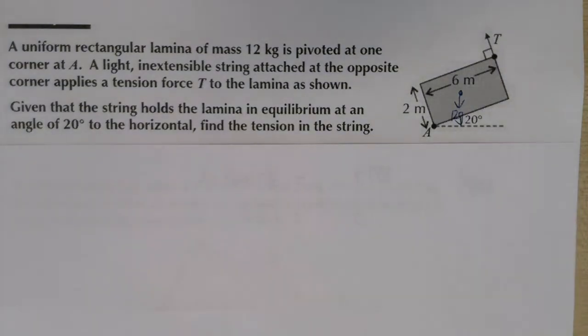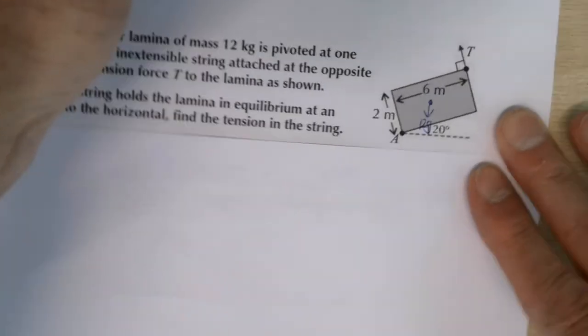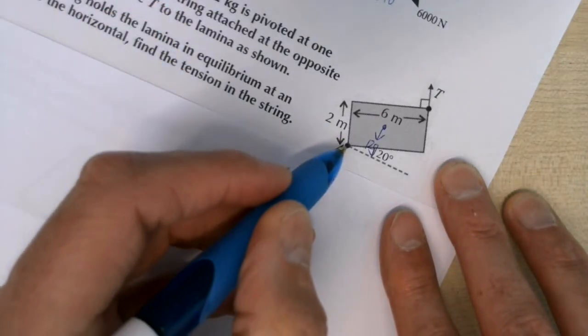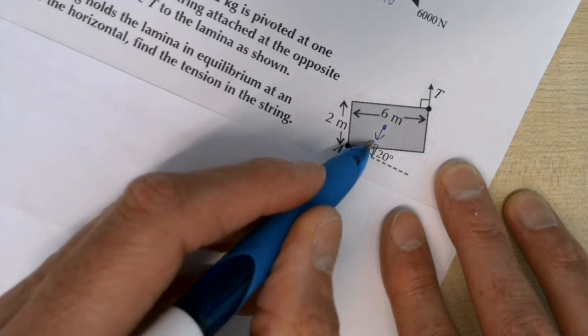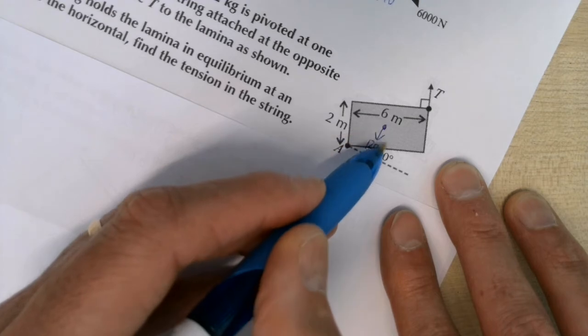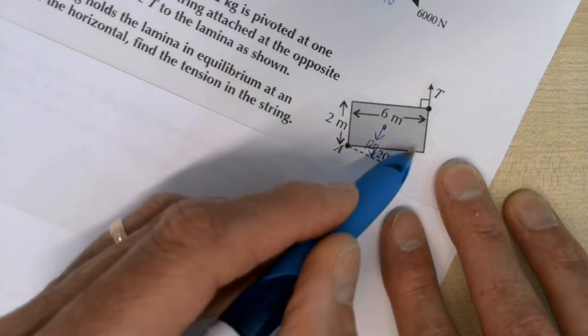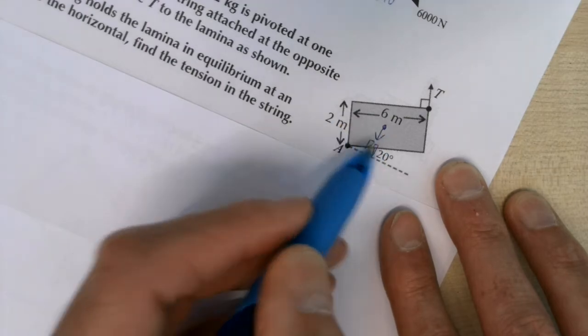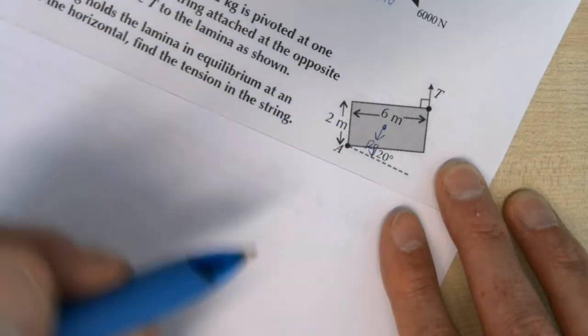So what I encourage you to do is to think about turning this into a problem like the last one with the boat. All right, we've got this force has two components. One that is in this direction, I'm going to call that perpendicular to the lamina, and this one which is parallel to the lamina, although it would be the other way around if I was considering this side.